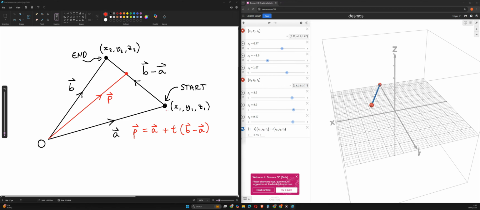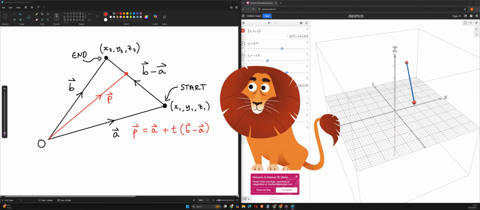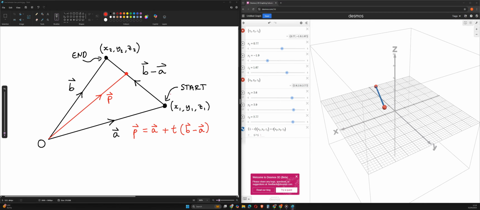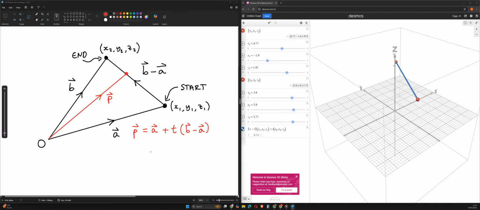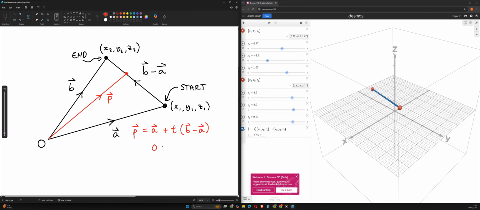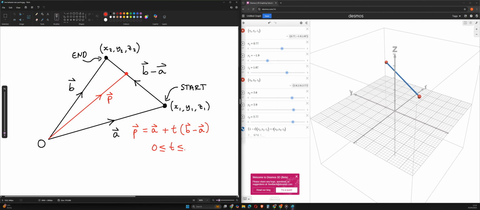Now to ensure this point does not lie outside the line between x1, y1, z1 and x2, y2 and z2, we have to set t between 0 and 1.